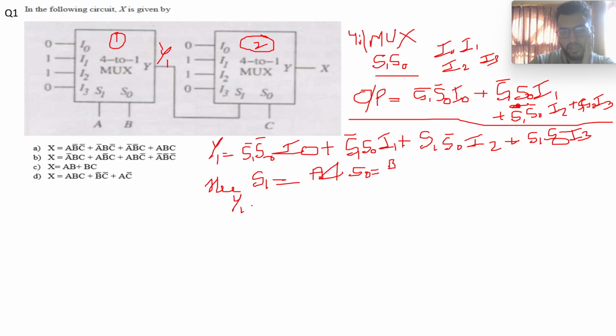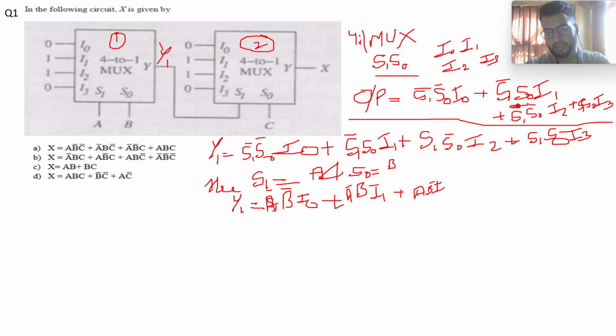So Y1 will be equal to A bar B bar I0 plus A bar B I1, then A B bar I2, and finally A B I3.